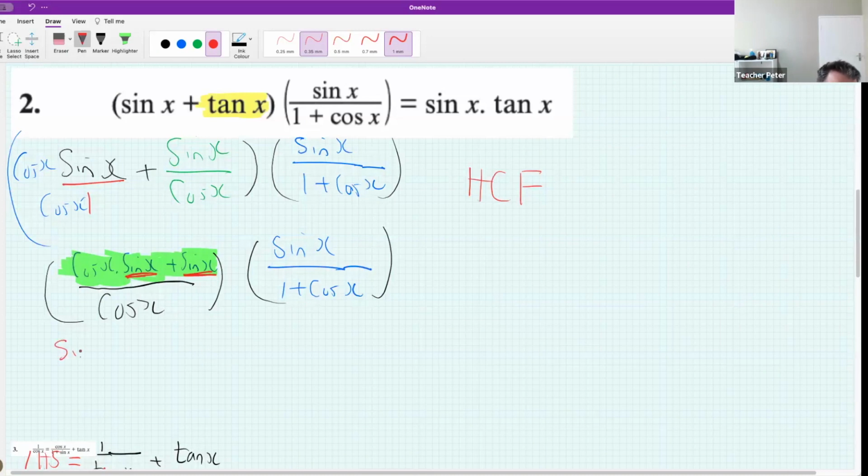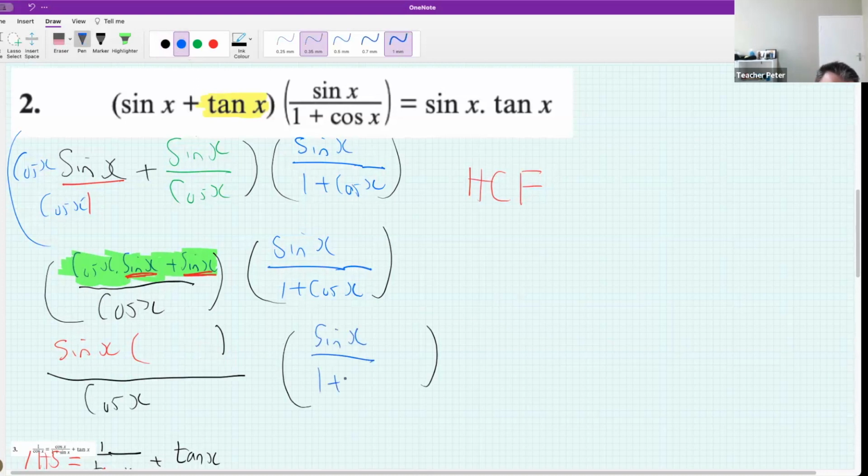If I said to you, I'm going to take out sine x, I want you to tell me what is inside that bracket. The cos x on the bottom is going to stay the same. The blue stuff over here is going to stay the same. But I want you to tell me what goes inside this bracket over here.